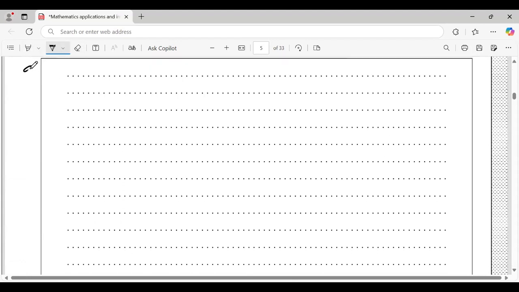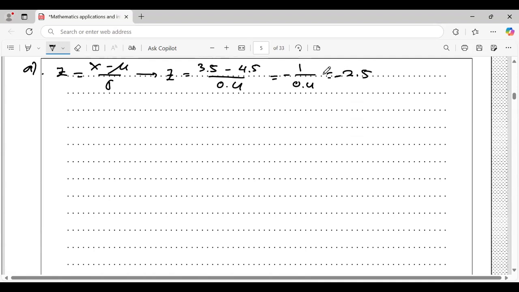So the first step, we need to standardize the value using the z-score formula. z equals x minus mu divided by the standard deviation, and it is z equals 3.5 minus 4.5 divided by 0.4. It is minus 1 divided by 0.4, which is minus 2.5.